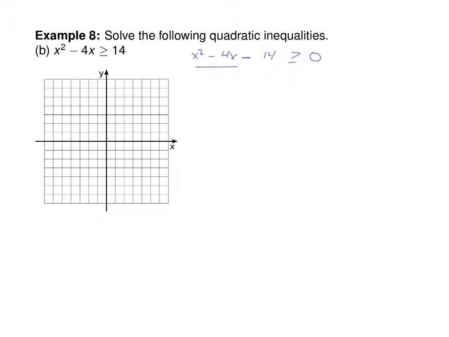So if you can't factor, how would you graph? Complete the square. So it'd be x squared minus 4x, and what do you add? Minus 14 plus 4. X minus 2 squared minus 18 bigger than or equal to 0.